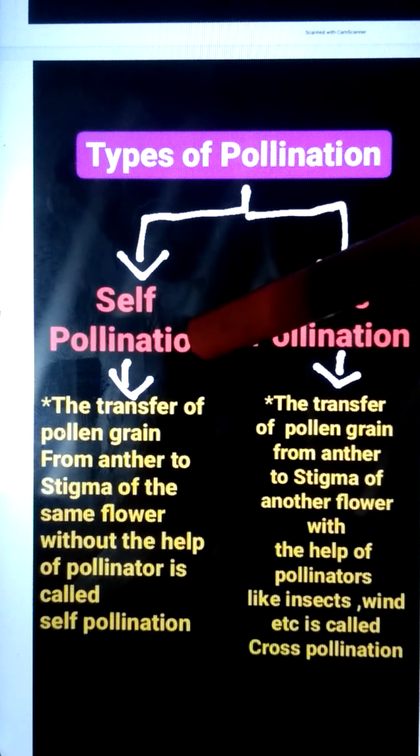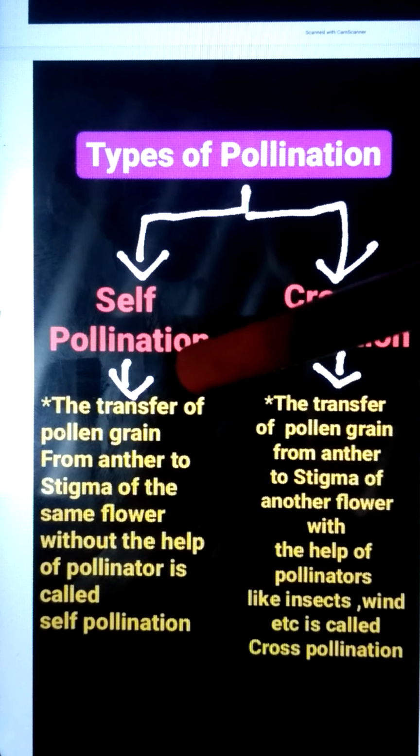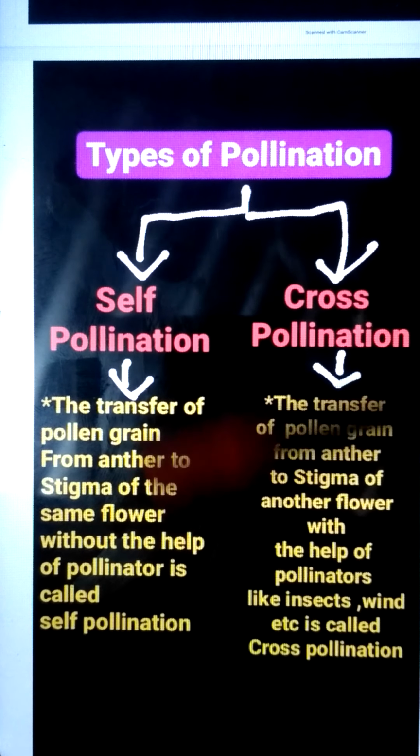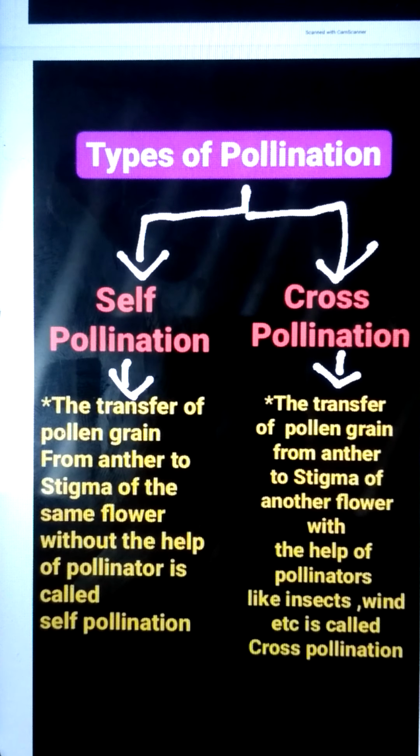One is self pollination, where pollination occurs without any help of pollinator. And in cross pollination, pollination occurs with the help of agents or pollinators like winds, insects, etc.